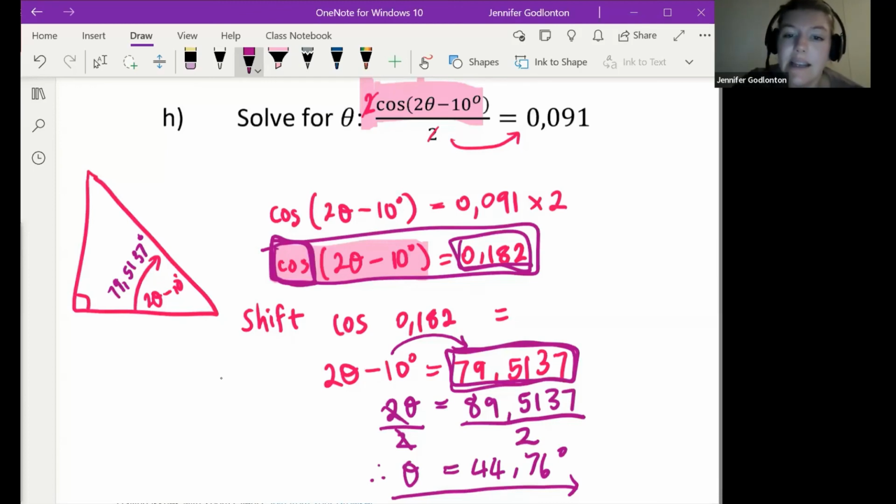That's telling us that everything inside this bracket is equal to 79,5137. So 79,5137 is equal to, think of this as your bracket, 2 theta minus 10. Then we're trying to solve for theta. So we're going to add 10 to both sides, then divide by 2. And we get our glorious answer.